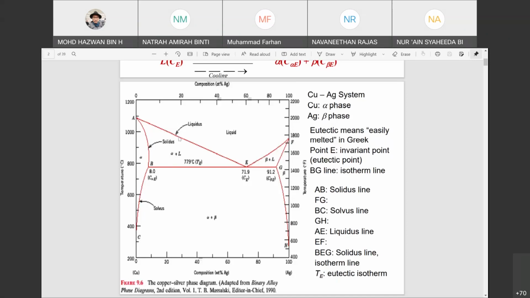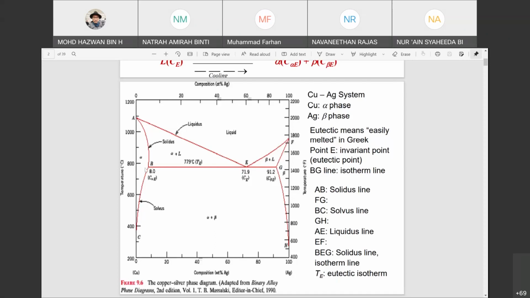That is why over here you also have a so-called liquidus line and solidus line. The horizontal line that you see over here is known as the invariant point, which is the eutectic temperature or the eutectic point.